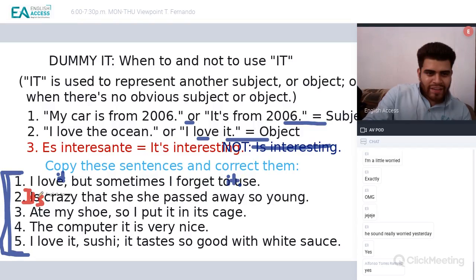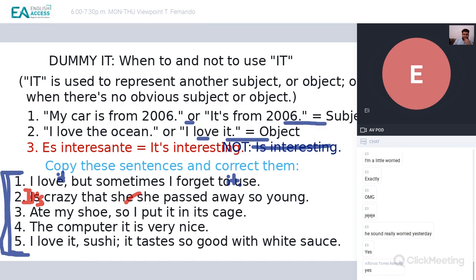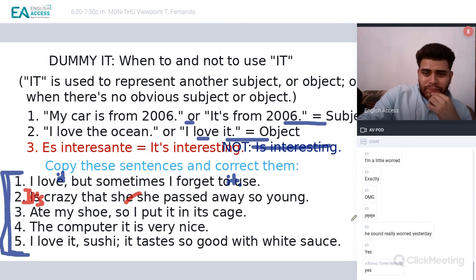It's. Yes, that's very ugly. But you understand what that is. It's crazy that, and yes, there's only one, she passed away so young. Yes, that wasn't intentional. I accidentally wrote 2 she's. But okay, thank you. It's crazy that she passed away so young. Yes. Perfect. Thank you, teacher. Thank you.